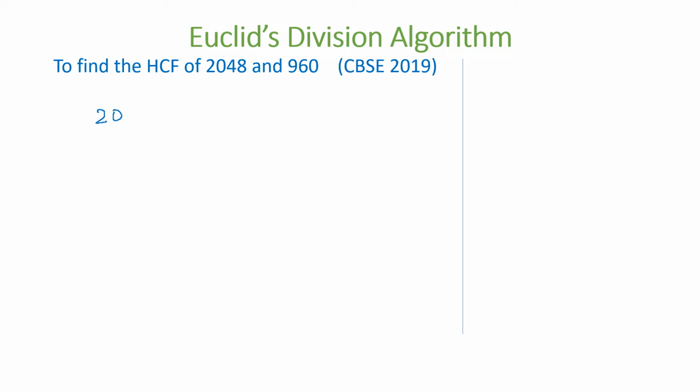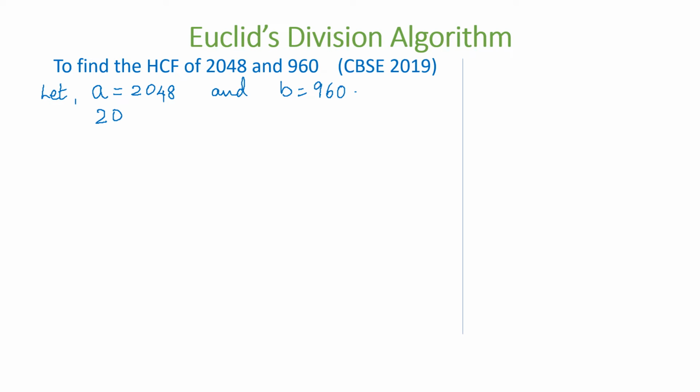First we find out the bigger number, 2048, and let a be equal to 2048 and b be equal to 960.